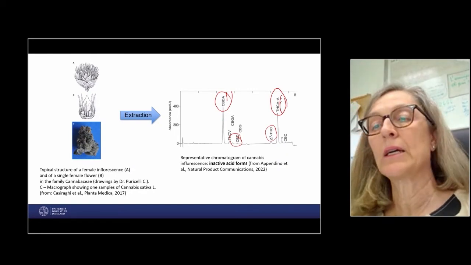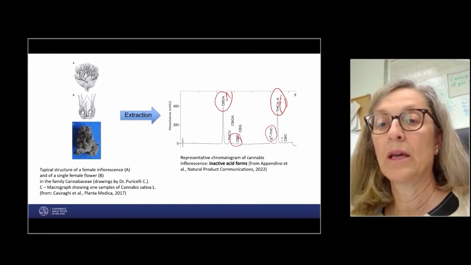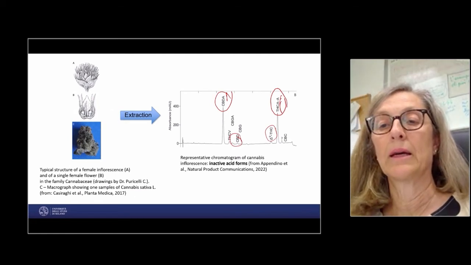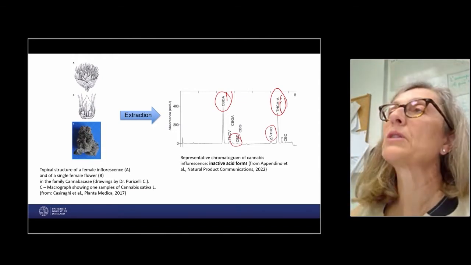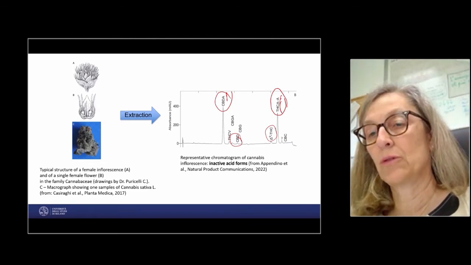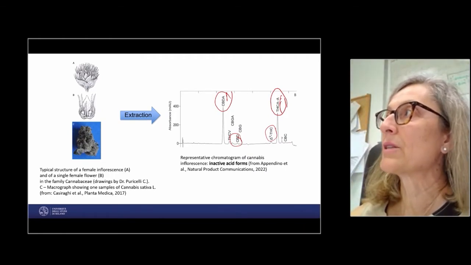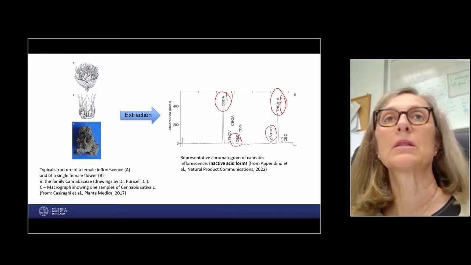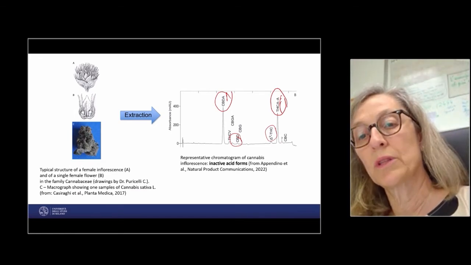But what we need is to transform the acidic part into neutral. In fact, what we know is that the active part is the neutral one. So we cannot give to the patient or to the person this kind of extract, but we have to transform the acidic part into neutral. This is why normally cannabis is used by smoking, because during the smoking process the high temperature permits the degradation of the acid part to the neutral one.